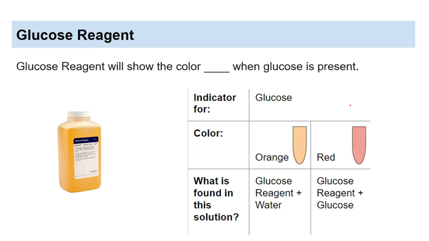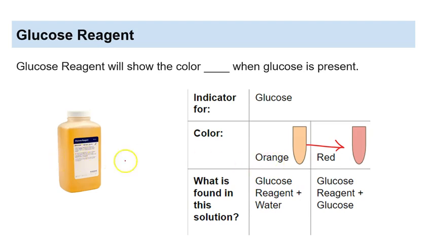The glucose reagent is the reagent that we can use to test for glucose. As you can see and remember, the glucose reagent itself is an amber or orange color. So when we have glucose inside our solution, the glucose reagent color would change to red. Without glucose, just glucose reagent and water, we have the orange or amber color.